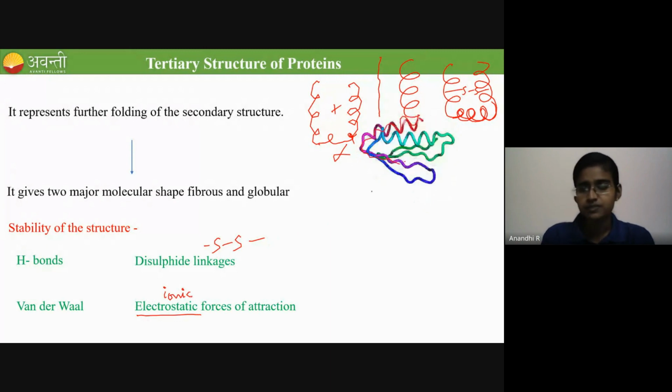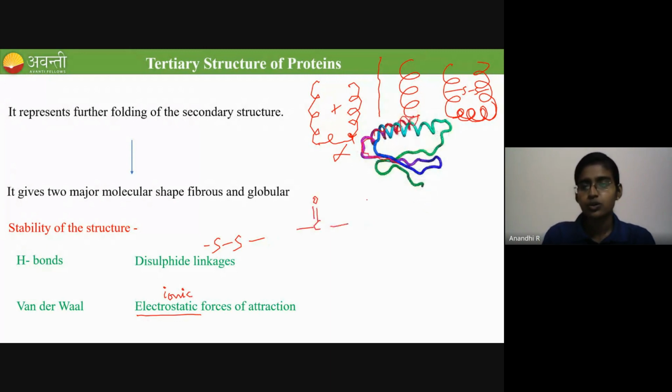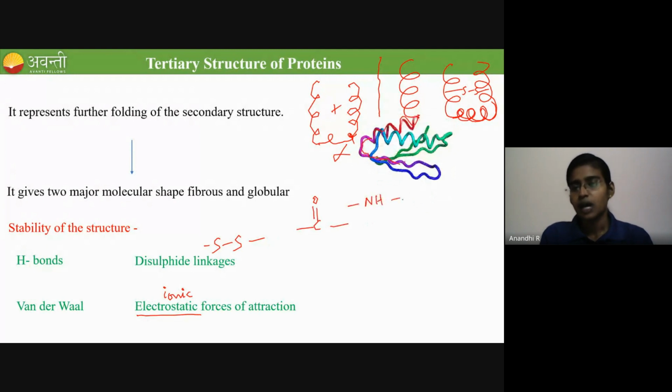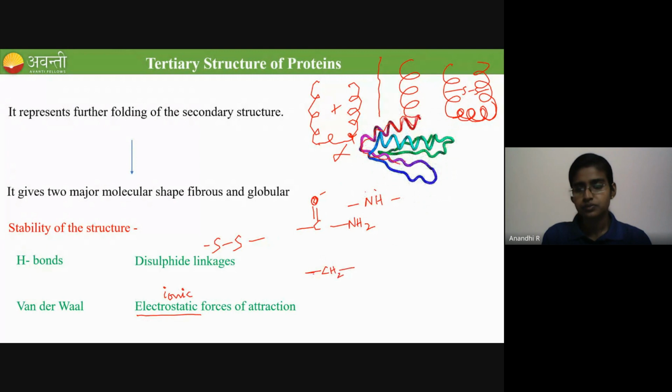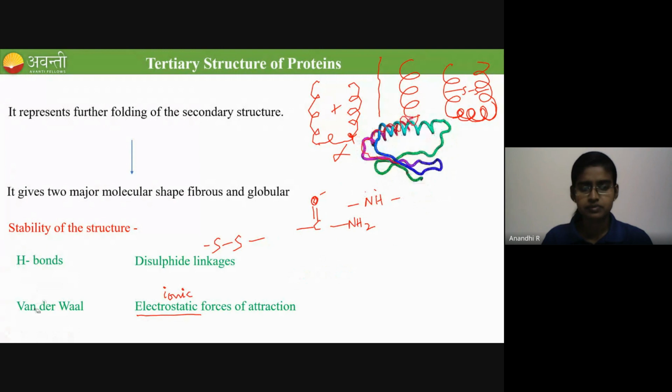Since we have the C double bond O group and also the NH group in the amino acid part, the oxygen is the negatively charged center since it is more electronegative, and the nitrogen is also an electron rich center. Let me take glycine for you.